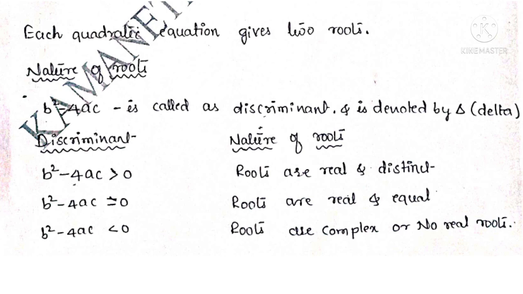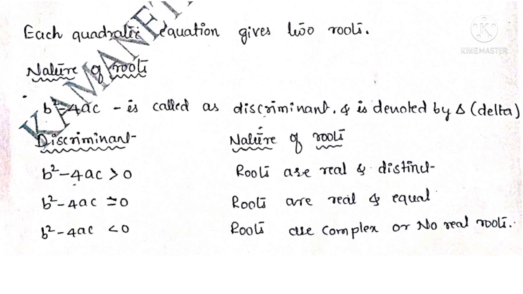Now we'll find out the different natures of roots. We'll find the nature of roots based on the discriminant. Here the discriminant is nothing but b square minus 4ac. This is also called delta. If the discriminant b square minus 4ac is greater than 0, the roots are real and distinct.